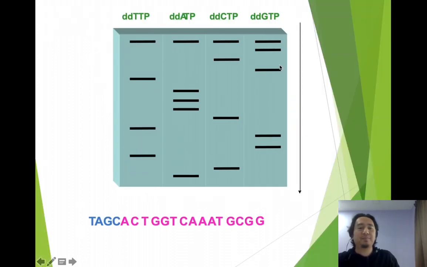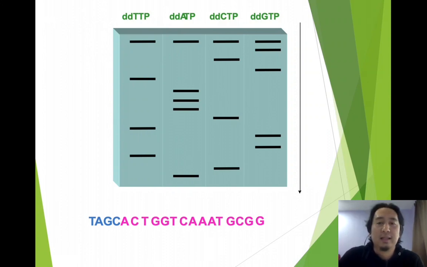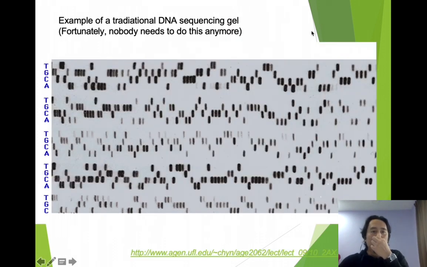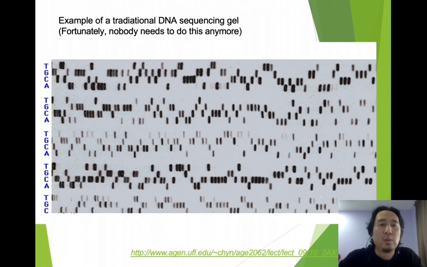You cannot read it like this, you have to read from bottom to top, from 5 prime to 3 prime. So this is an example of traditional DNA sequencing.